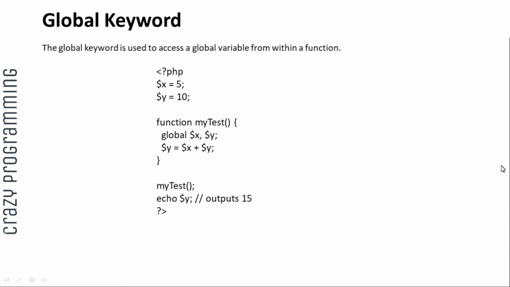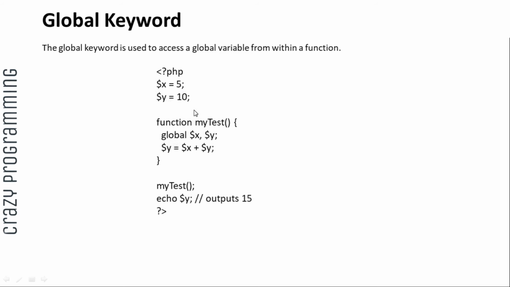Now we are going to use the global keyword, which is an important part of PHP. The global keyword is used to access a global variable from within a function. We started the PHP and are using two variables, x with a value of 5 and y with a value of 10. We created a function myTest, and you can see how to write global variables. We first write global, then x comma y, then the variables become global.